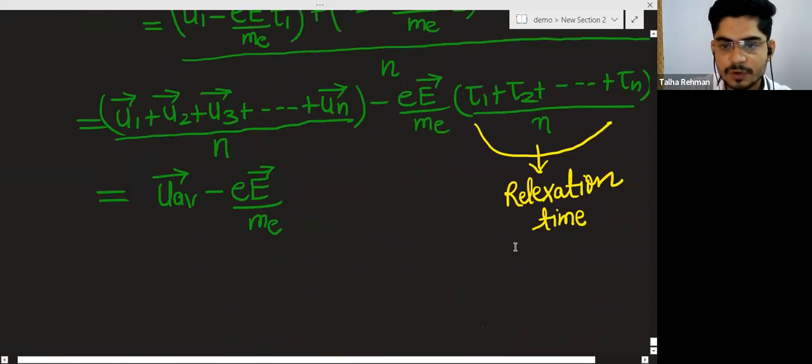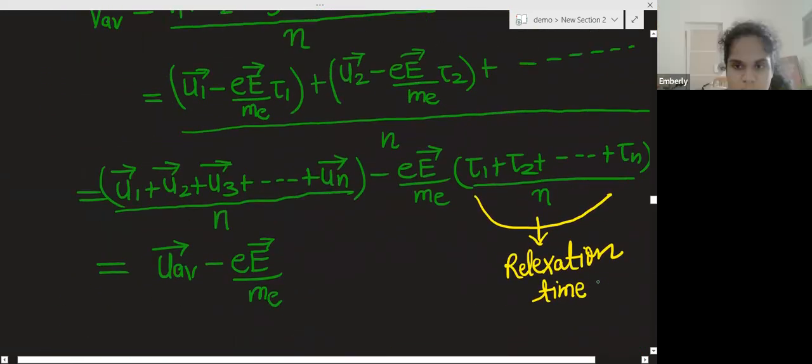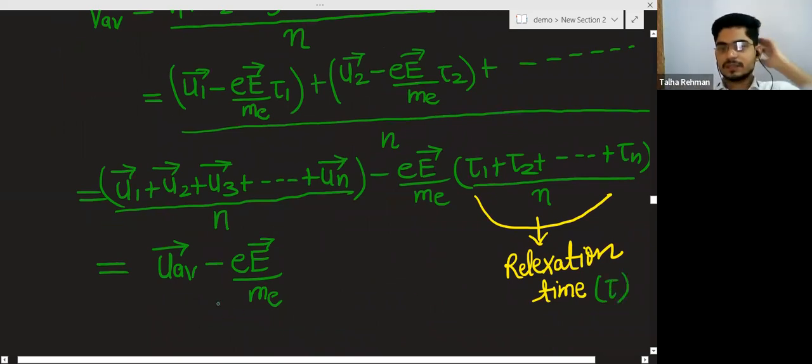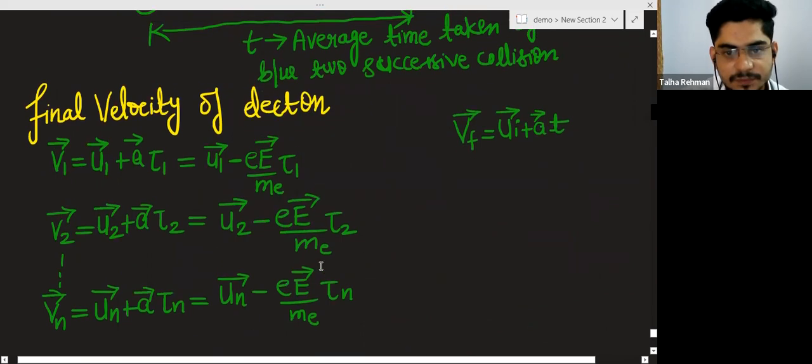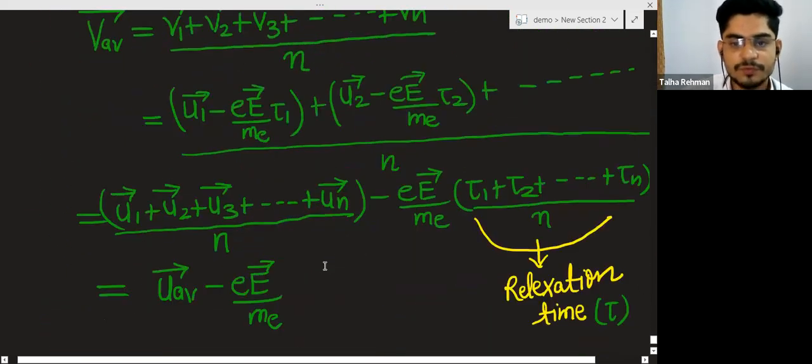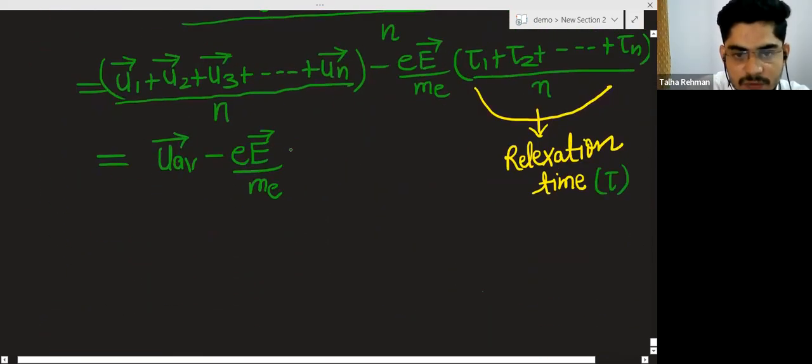Now for this relaxation time, I am using tau. Tau is the average of the time t taken by the electron. So from here I can write this tau. This is tau now.